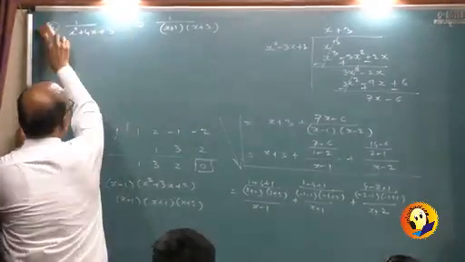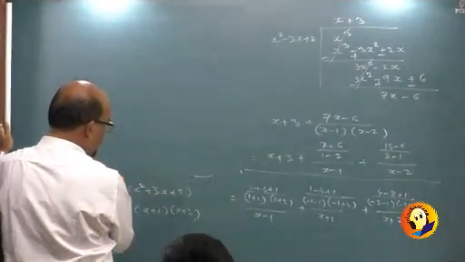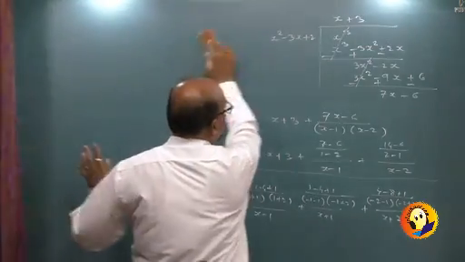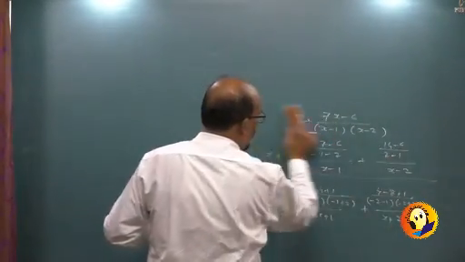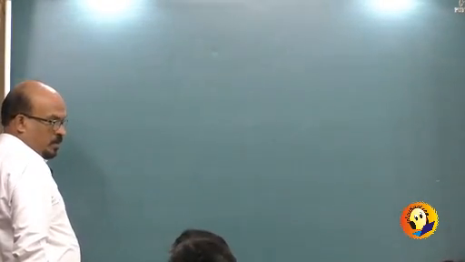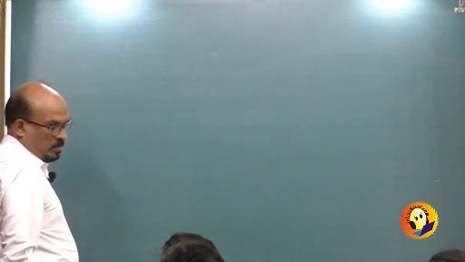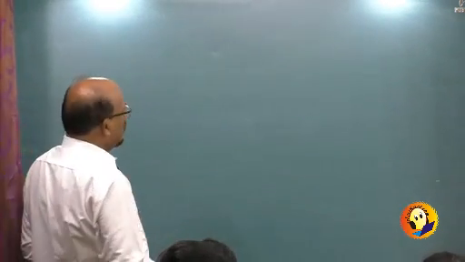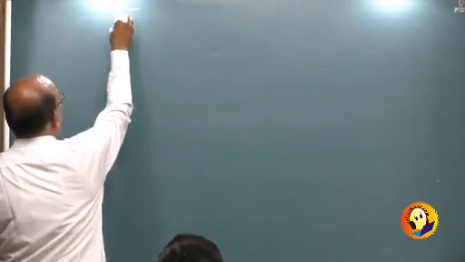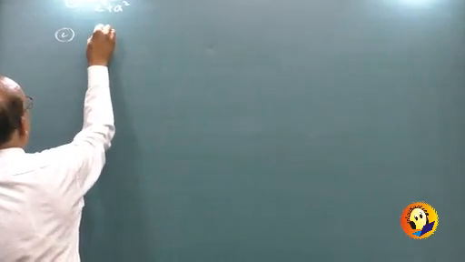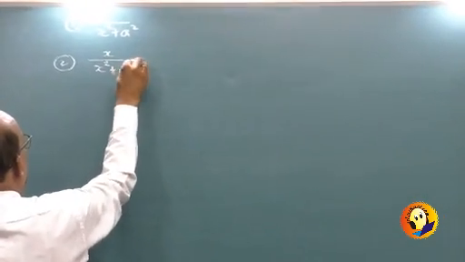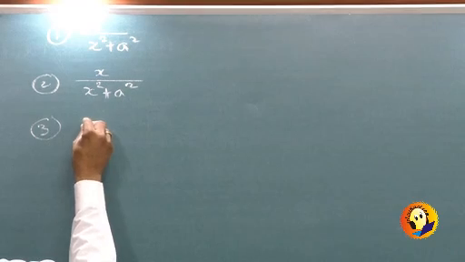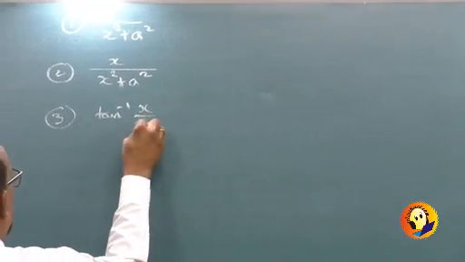Now the next type of problems are on similar lines. The next set of problems is: find nth derivative of 1 upon x square plus a square. Number 2, x upon x square plus a square. Number 3, tan inverse x upon a.